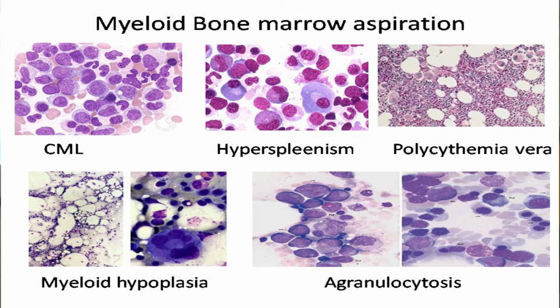Another thing is the most difficult diagnosis which we come across, to distinguish bone marrow hyperplasia of any leukemia or myelodysplastic or anything from splenic hypersplenism, hyperfunctioning. And for a hyperfunctioning spleen, I can tell you that the spleen need not be massively enlarged.